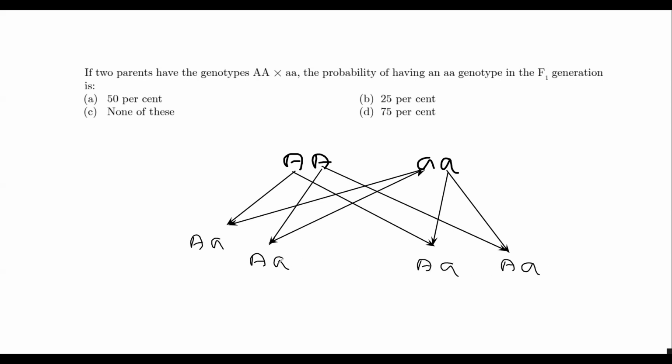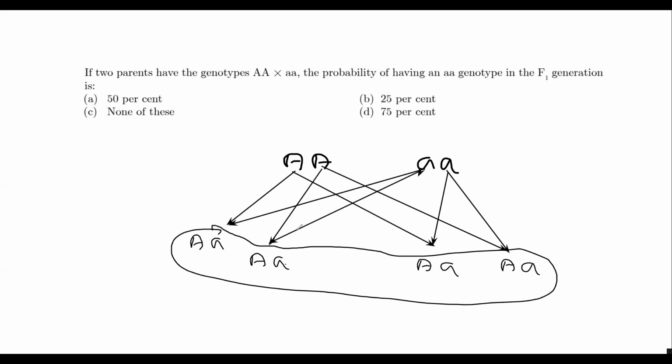You can figure out that in this case it's heterozygous dominant. In every case it's going to be capital A, small a. So there is no small a small a. We'll say that 0 is not an option, so in that case it is none of these.